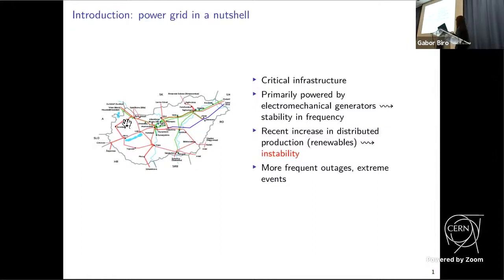And these renewables, like solar panels or wind turbines, are quite volatile, so they destabilize the grid. This destabilization leads to the frequency of outages and blackouts growing lately.